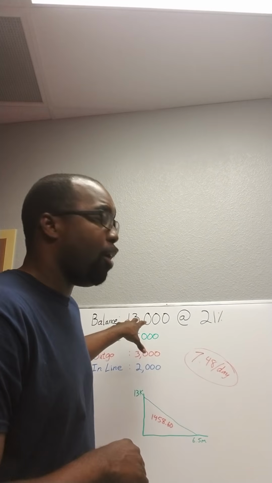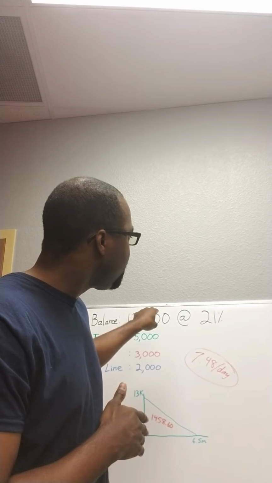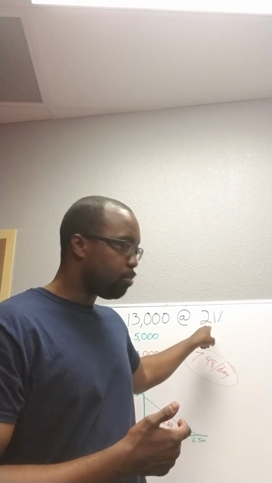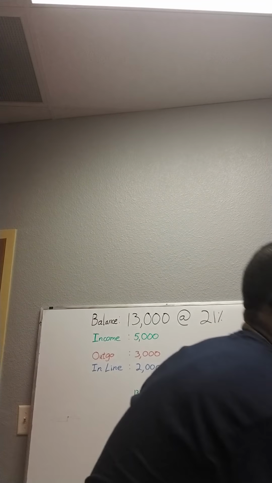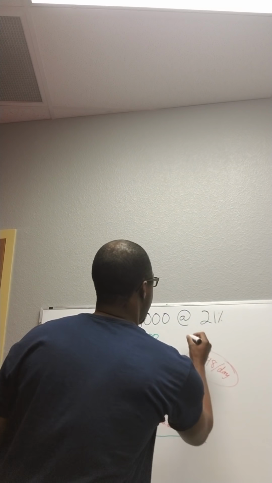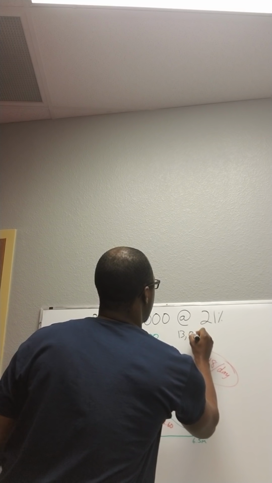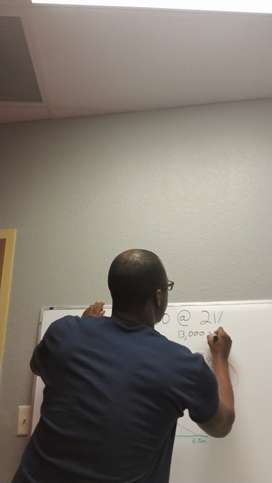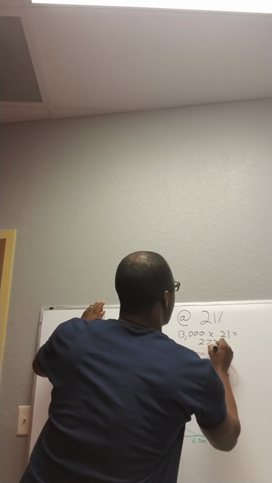Now, let's go ahead and find out what the average daily interest on this is. $13,000 at 21%. What are you going to do? $13,000 multiplied by 0.21. Remember, 21% is 0.21, which equals $2,730.